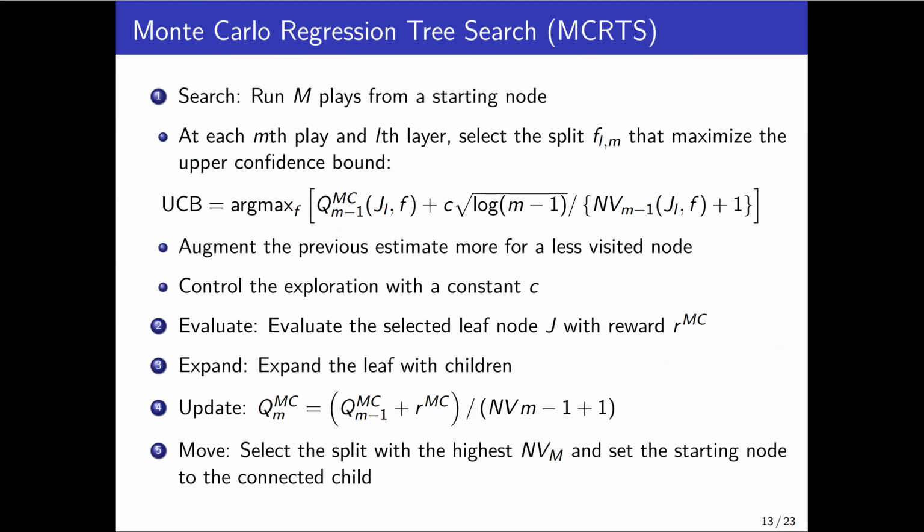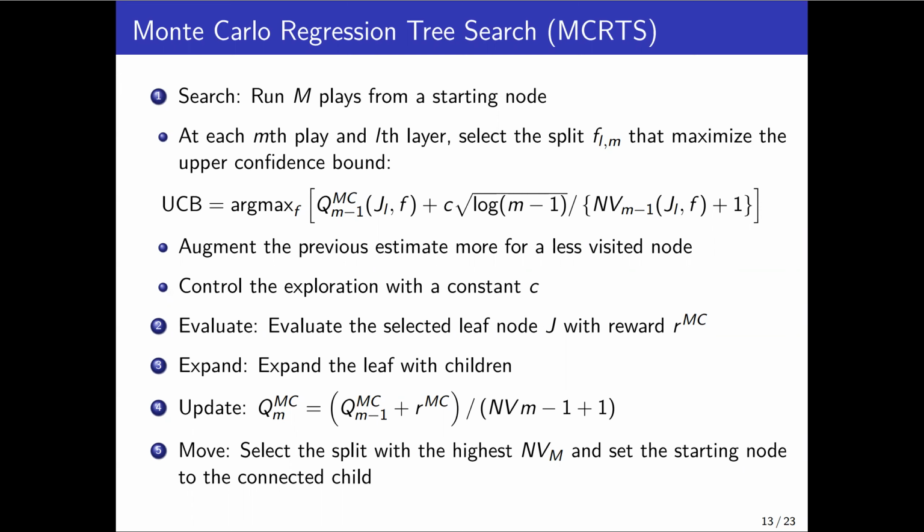The implementation goes as follows. First, we run M plays from a starting node. At each play and at each layer, we select the split that maximizes the upper confidence bound, or the augmented estimate of the Q functions.